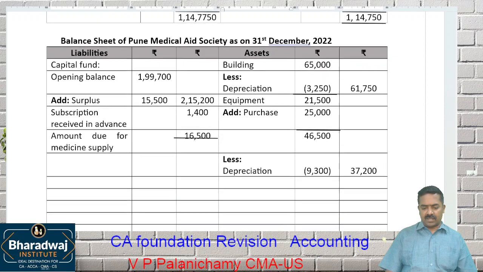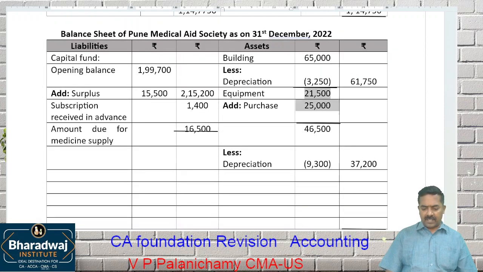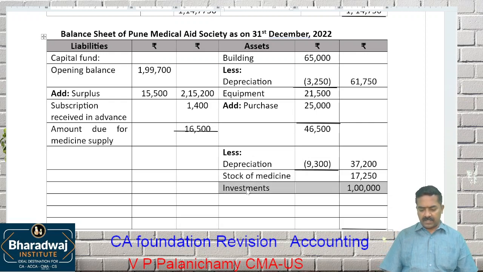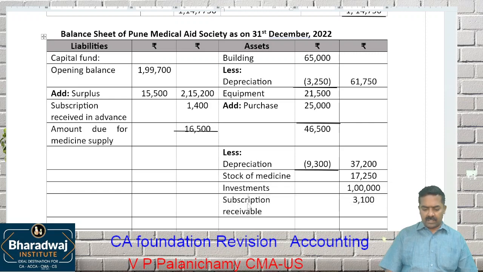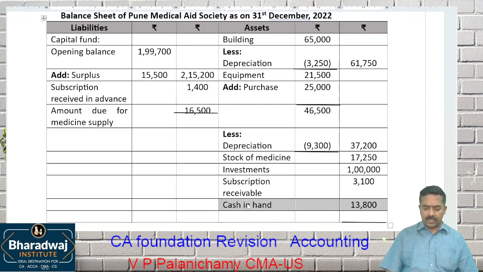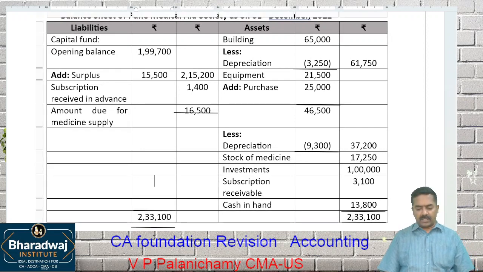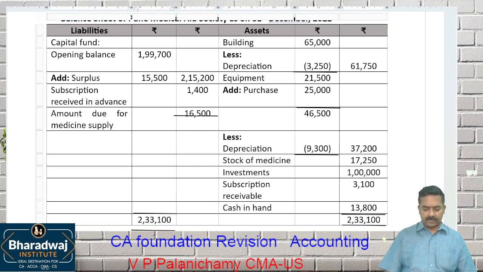Equipment is not a new one. Opening balance plus purchases minus depreciation, that closing balance is given to us. This 37,200 is opening balance plus purchases minus depreciation. Closing stock of medicine, investment, then subscription receivable, closing balance of cash also. Tally this, you will get how much? 2,33,100.